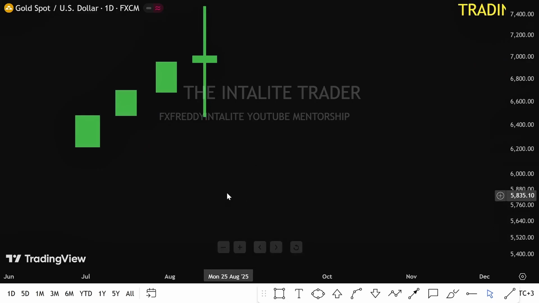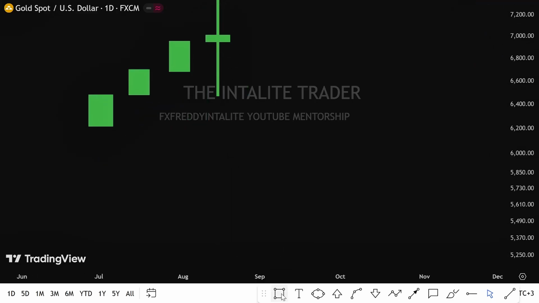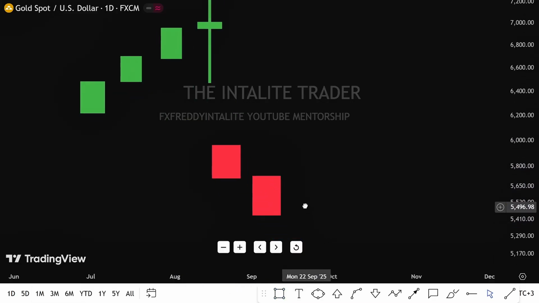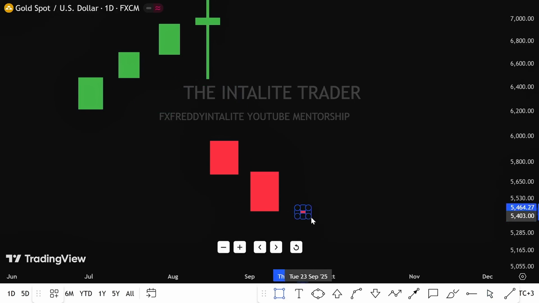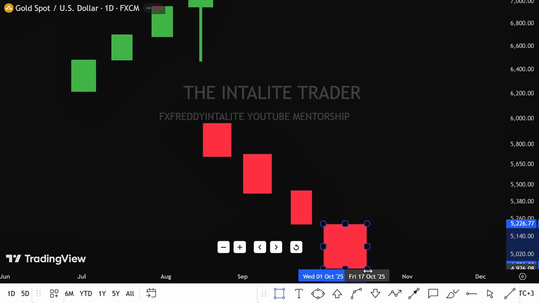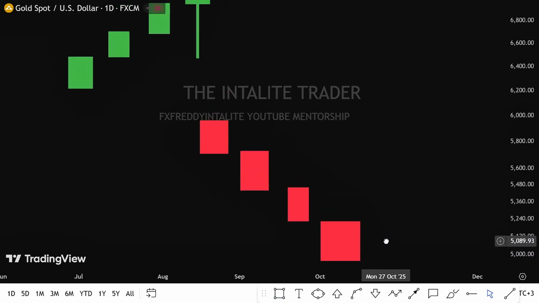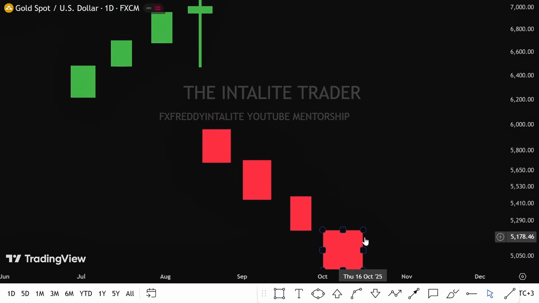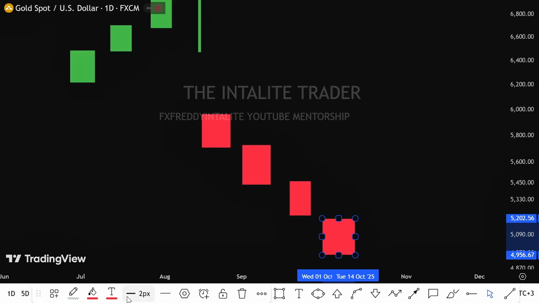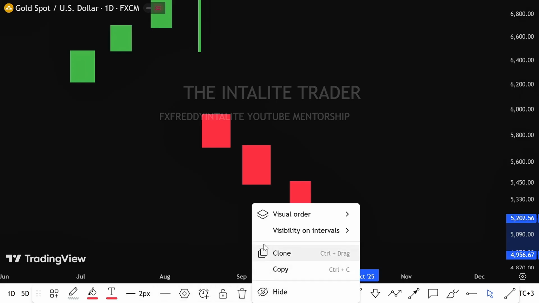The same thing in a downtrend. You have price come in a downtrend. Price does the same thing as it is approaching a level. It gives you a candle that opens and pushes lower. This candle pushes lower. But when it pushes lower, it gets rejected.